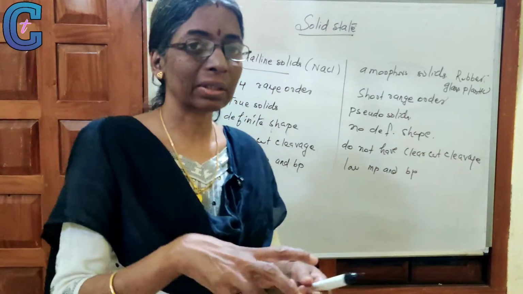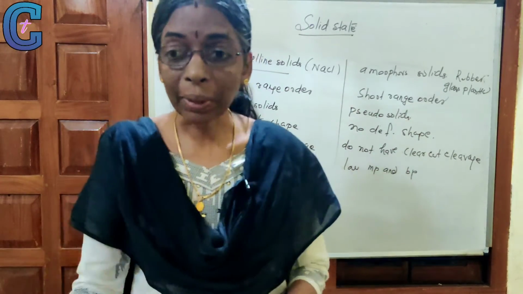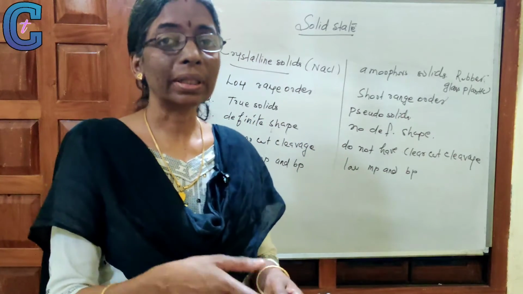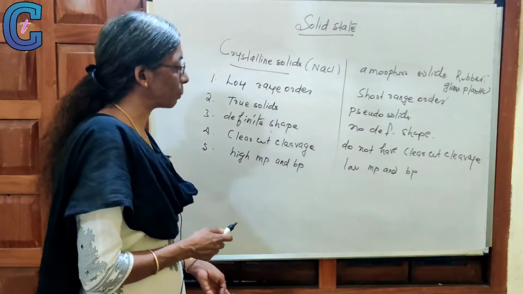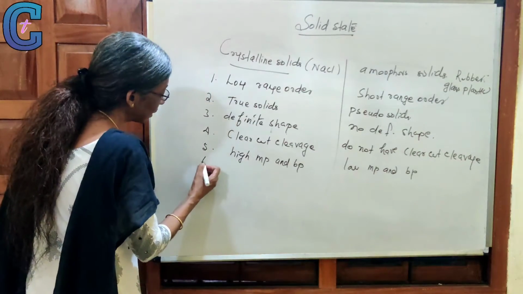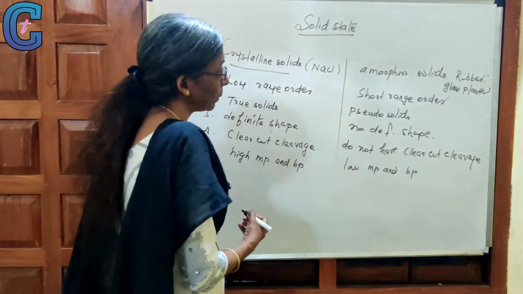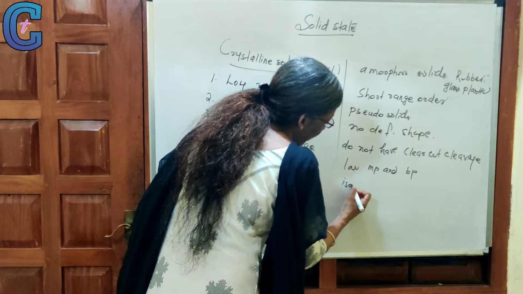In amorphous solids, somewhere particles are not there, somewhere they are there, so they have low melting and boiling points. Next, crystalline and amorphous solids differ in being isotropic in nature.